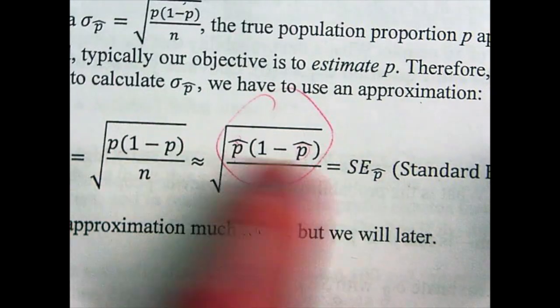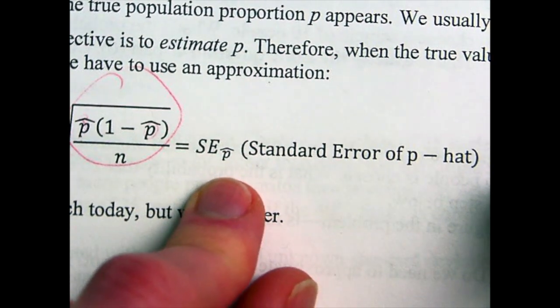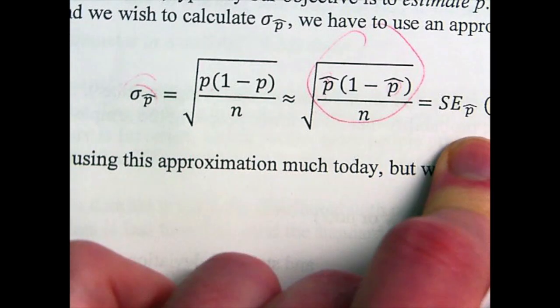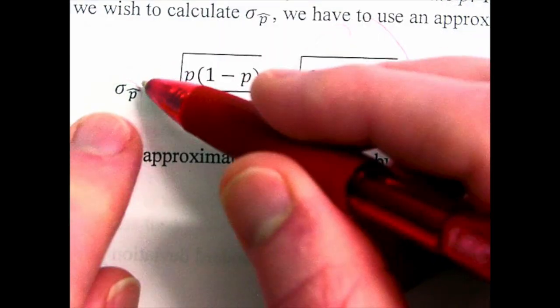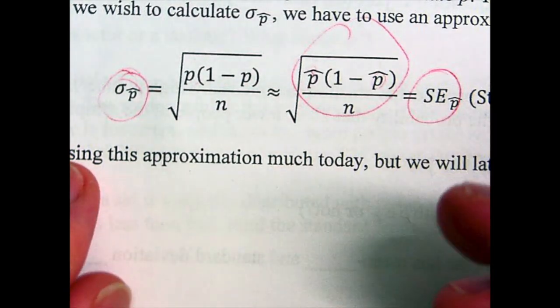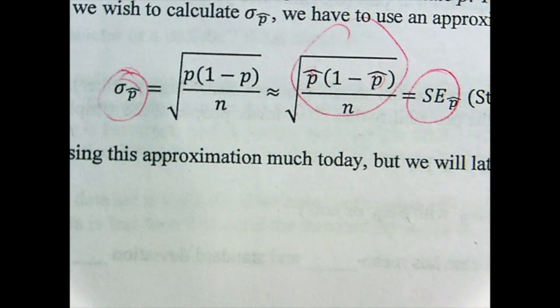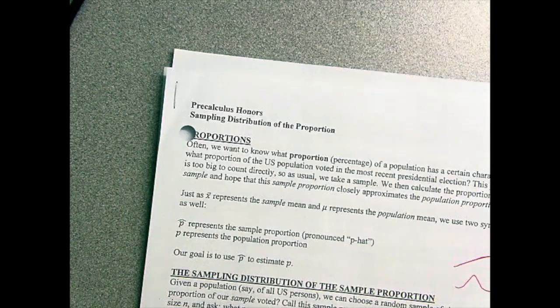It's called SE sub p hat, where SE stands for standard error. So this is the standard error of p hat. Basically, the standard error is used to approximate this thing when you don't know the true value of p. Okay, that's the idea. We won't do this too much on today's worksheet, but it will come back later.